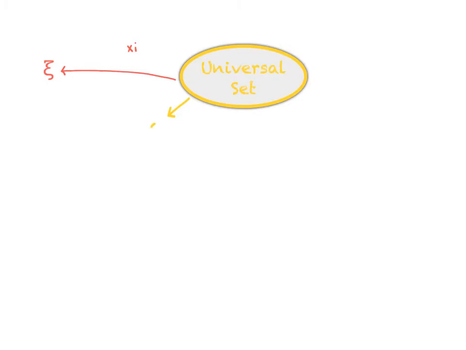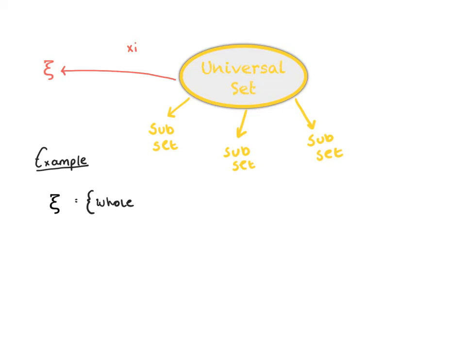Now the universal set can then be split into subsets. For example, if we had that the universal set, now I know it's universal set because it's used Xi, was the whole school in curly brackets, then a subset of that might be year 10.